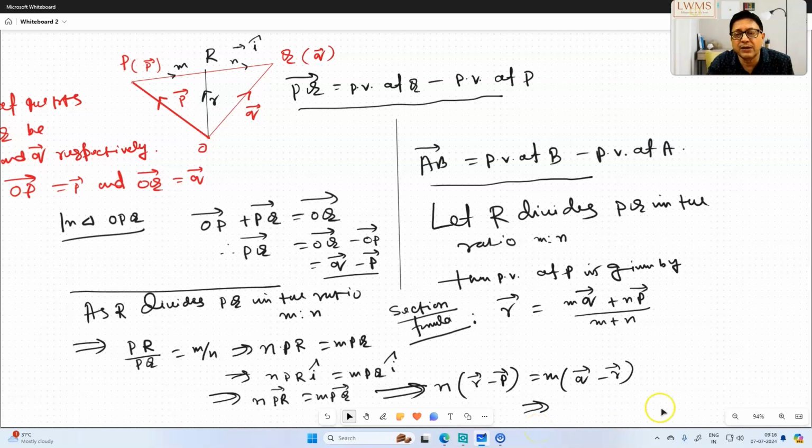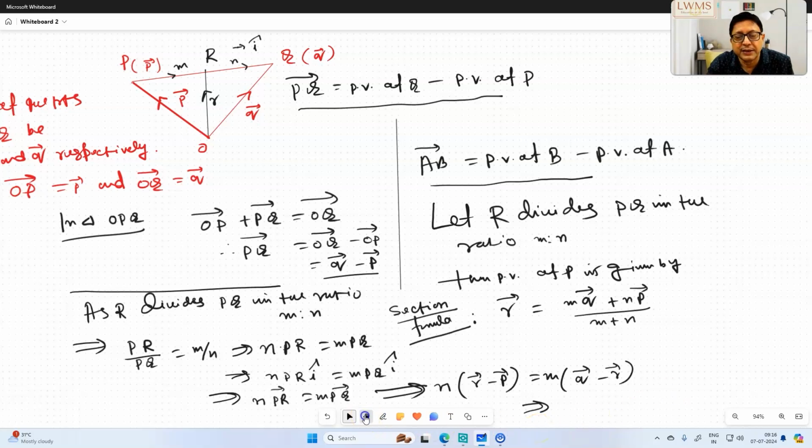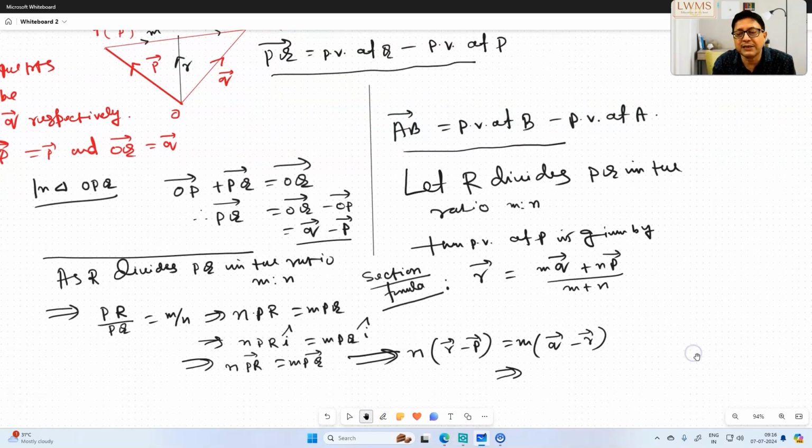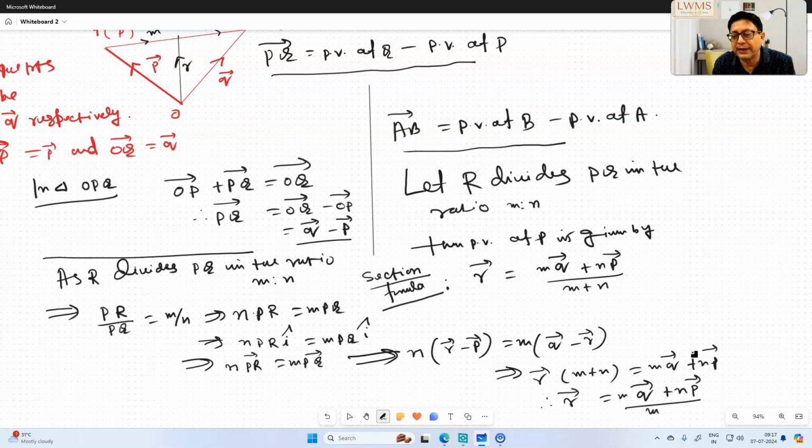Take MR on the left hand side. If you take MR on the left hand side, then R into (M plus N) is going to be MQ plus NP. So R vector is MQ plus NP, divided by M plus N.